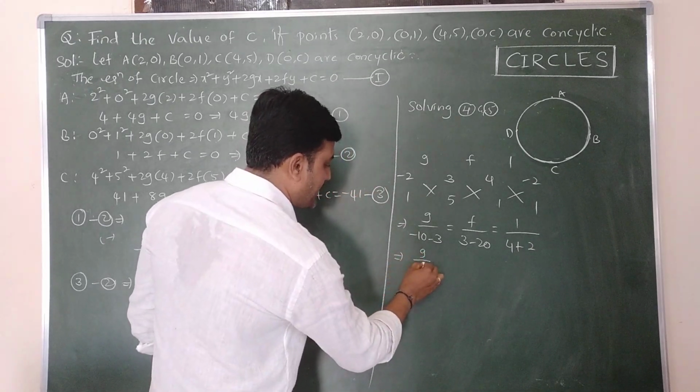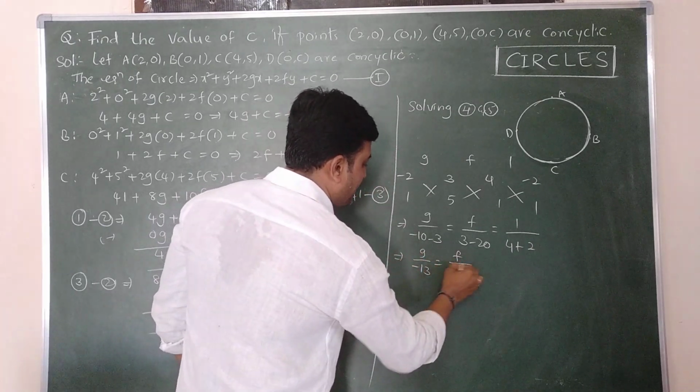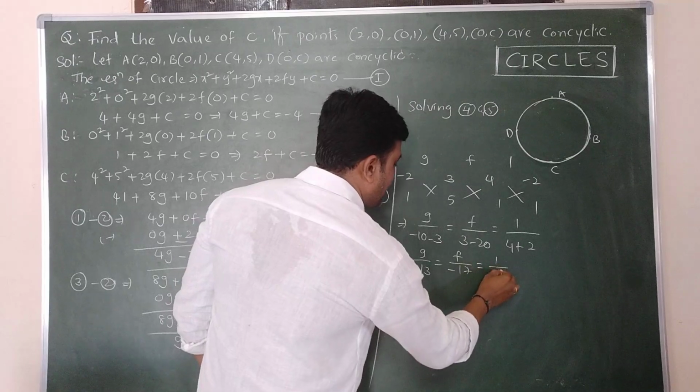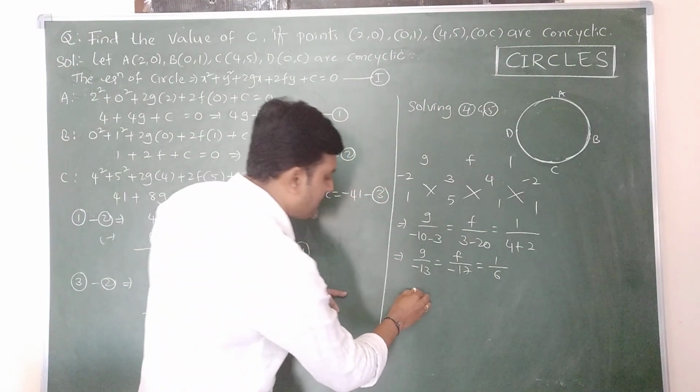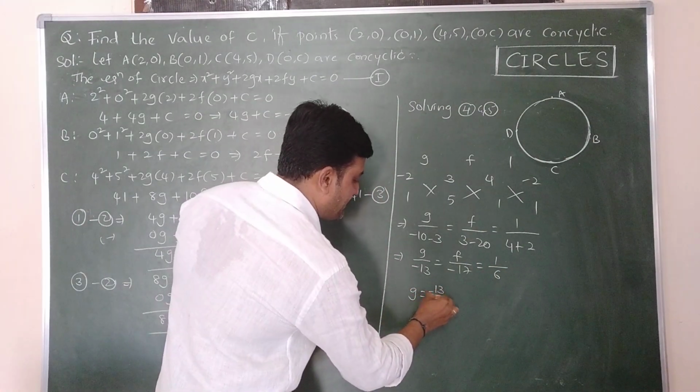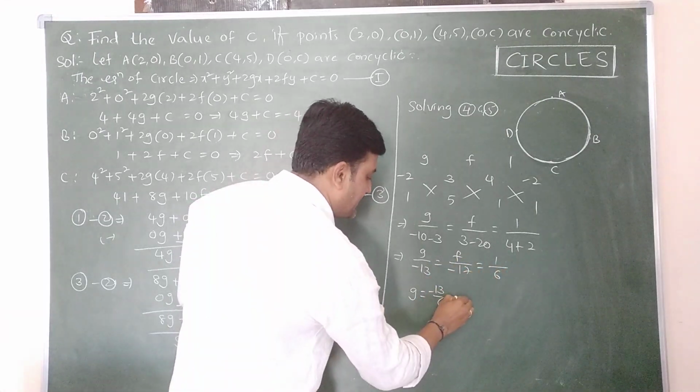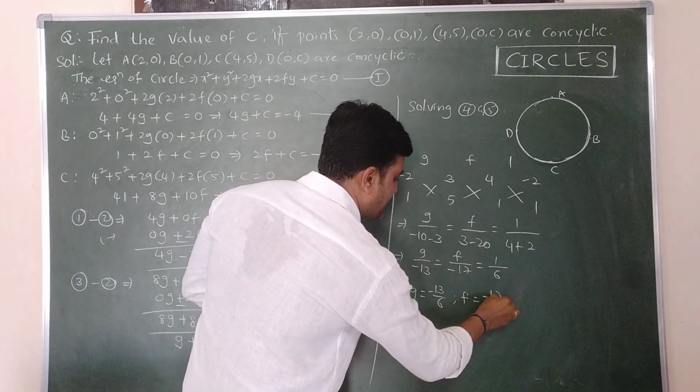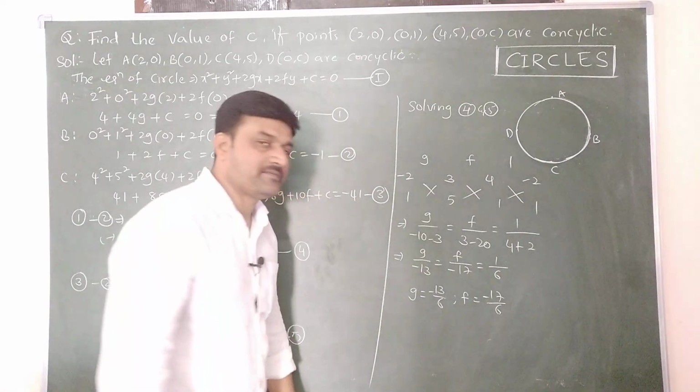Then g by minus 13, f by minus 17, and 1 by 6. Then g equals to minus 13 by 6 and f equals to minus 17 by 6.